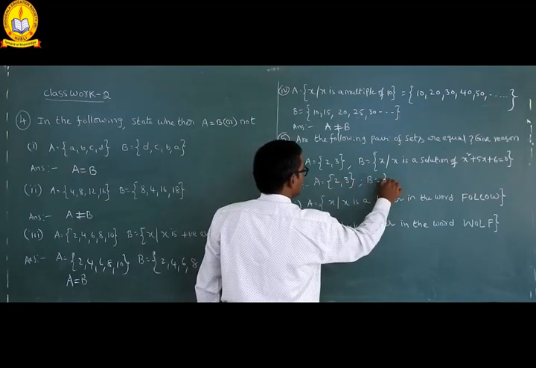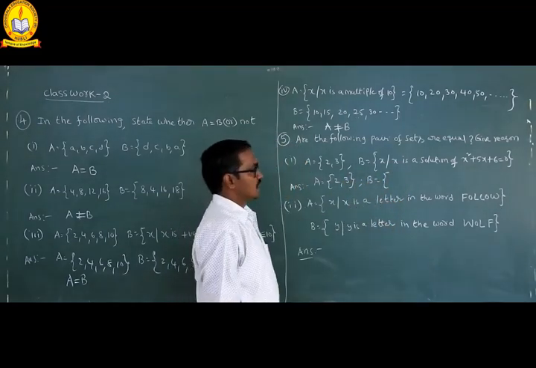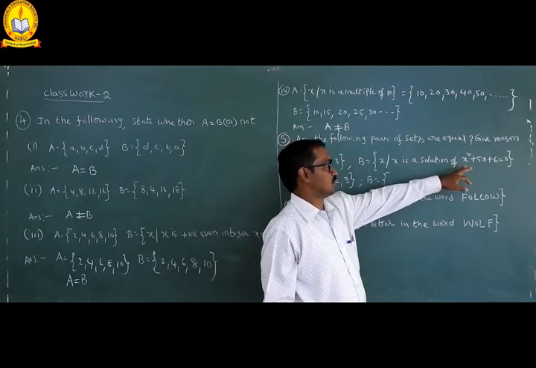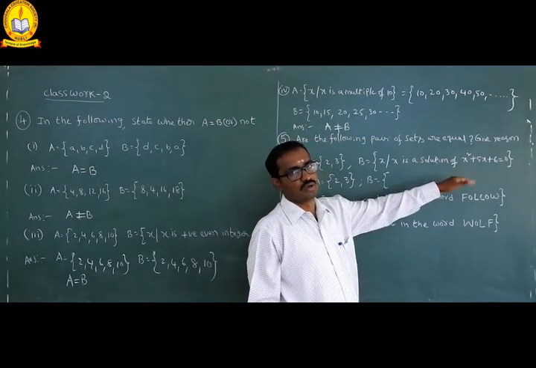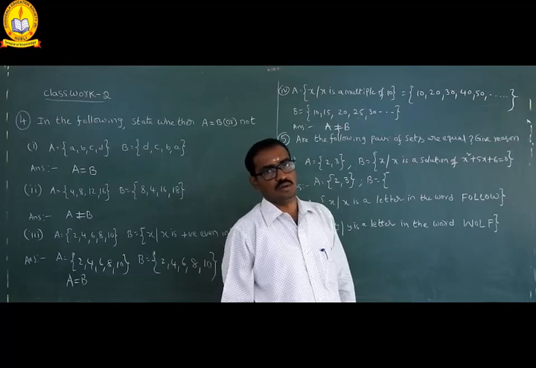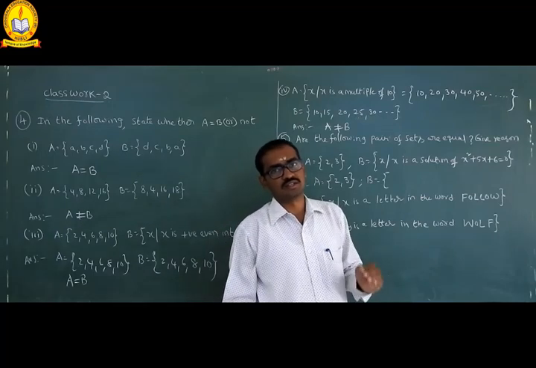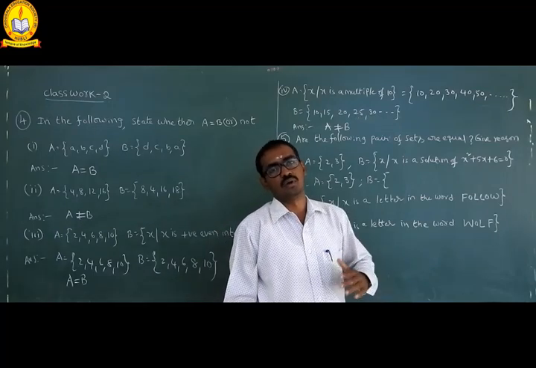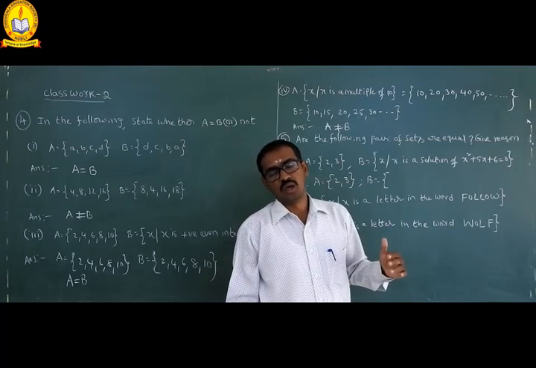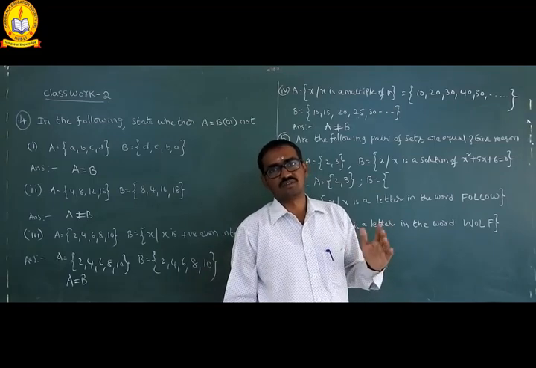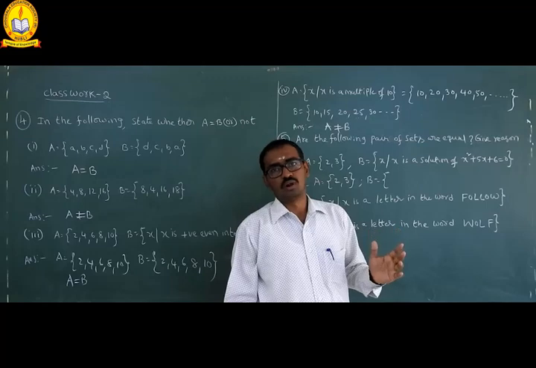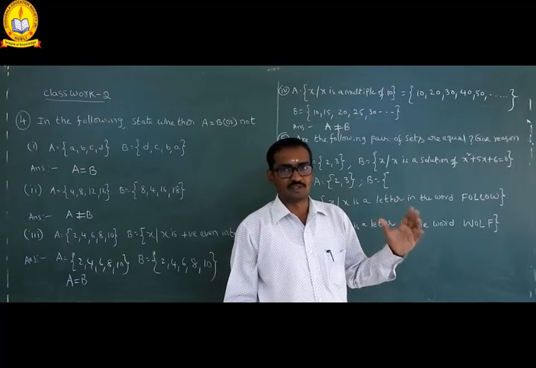Set B: what are the elements that satisfy this quadratic equation x square plus 5x plus 6 equal to 0? What are the roots of the quadratic equation? The roots of x square plus 5x plus 6 equal to 0 are x is equal to -2 and -3. We can also write x square plus 5x plus 6 equal to 0 as (x plus 2) into (x plus 3).